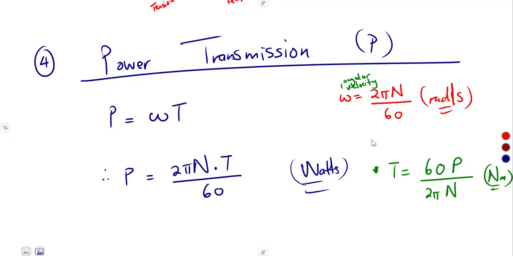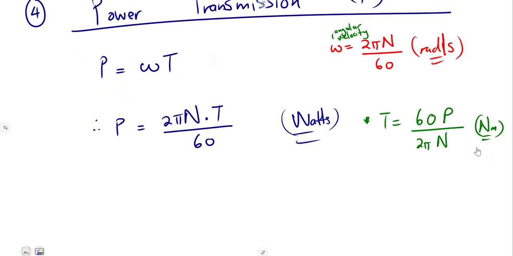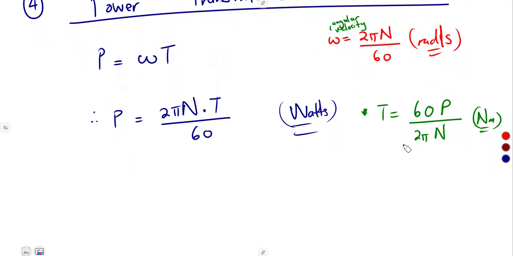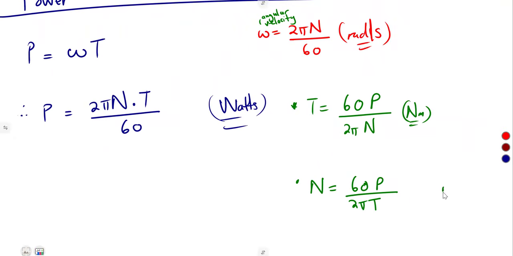Can be calculated from there. Speed can also be calculated. If you have the torque and the power, you can make the speed the subject, still multiply there. So it's going to be 60P over what? 2 pi T. You divide by 2 pi T. So that's it. The speed can be made the subject of the formula in what? In revs per minute. So it can be determined.